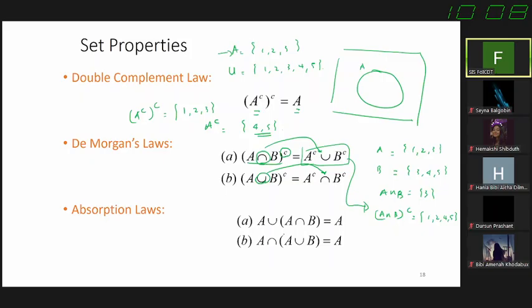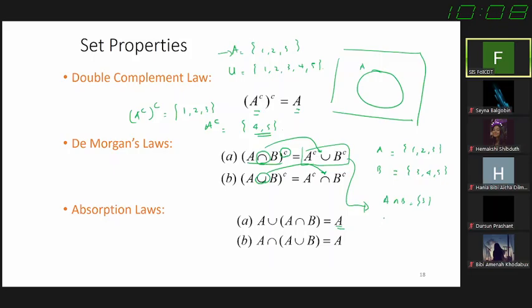The absorption law says A union (A intersection B) is equal to A. Let's take this example for instance. This is known as the absorption law. So A intersection B would be 3.